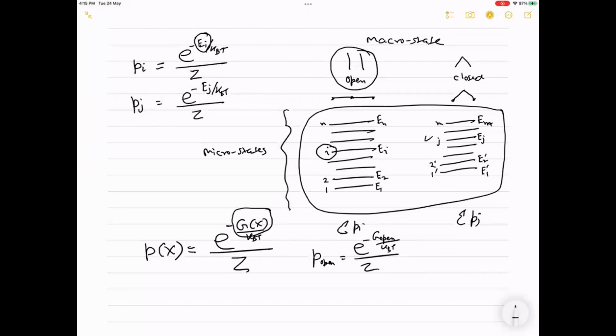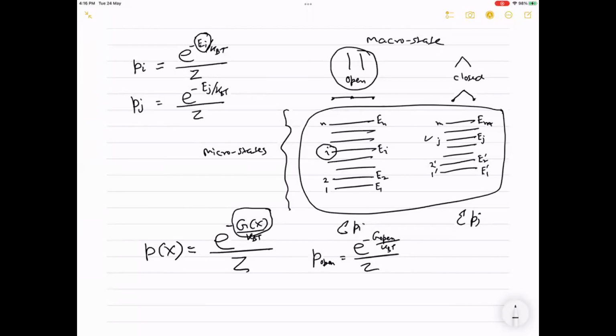You can still use the Boltzmann law, but the energy has to be replaced by the free energy. And here you can see that any macroscopic state which has a lower free energy will have a higher probability. I hope all of this is clear to you.